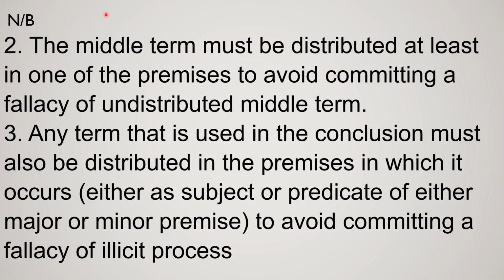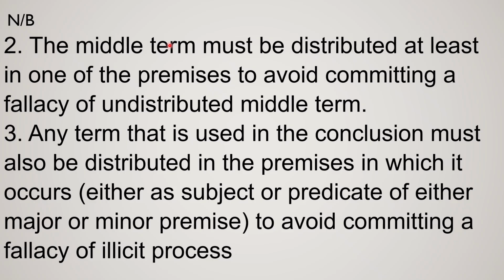As we have said, if there is no middle term, the argument will not be valid. So for the middle term, you must have a word that is appearing in 2 premises but not in the conclusion. If you fail to do so, you're going to create an error in thinking, a fallacy of undistributed middle term.